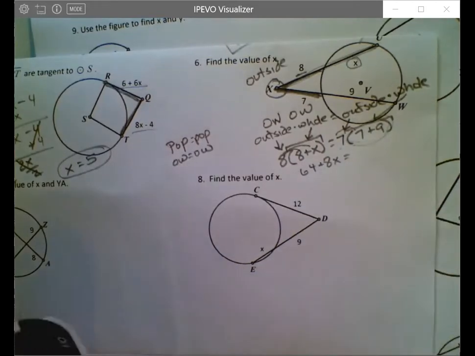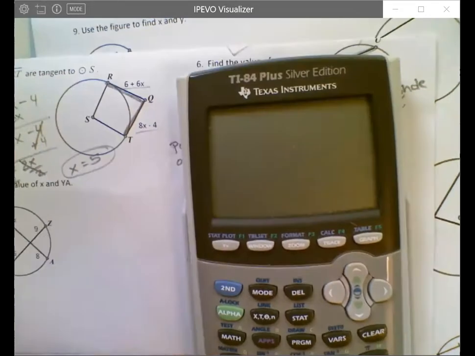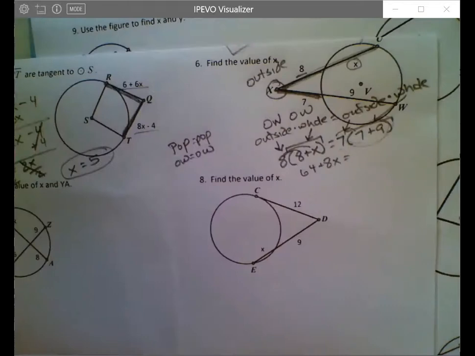Either way, 7 times 7, 7 times 9, and then add those together, and I get 112. Or I can say 7 plus 9 is 16 and multiply by the 7 out front, and I get 112. So no matter how you set it up, you're going to get 112 over there.